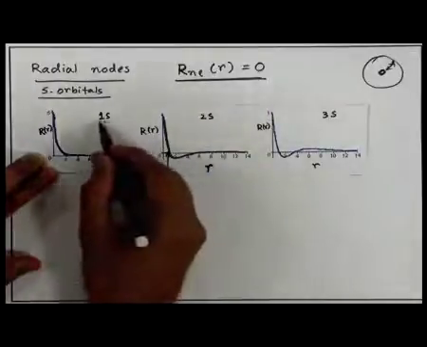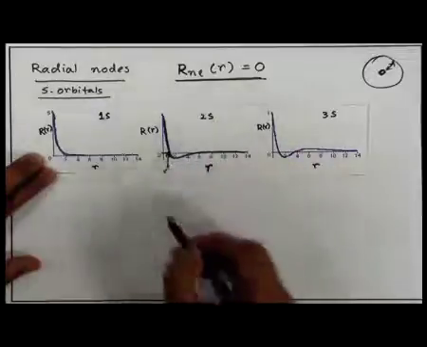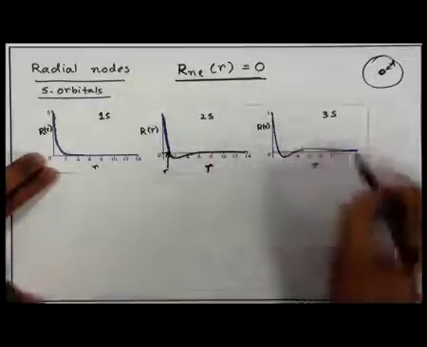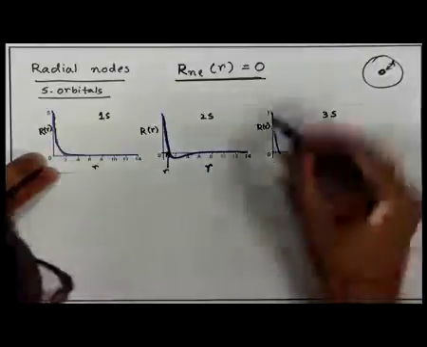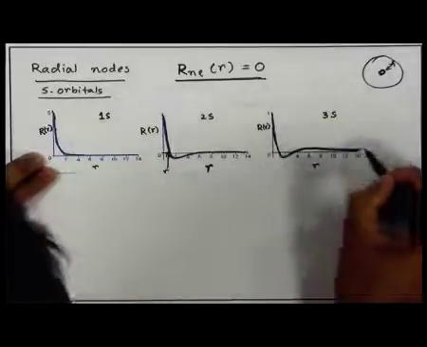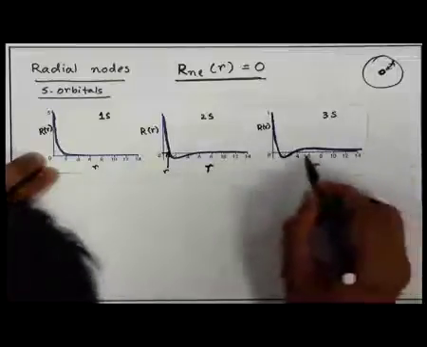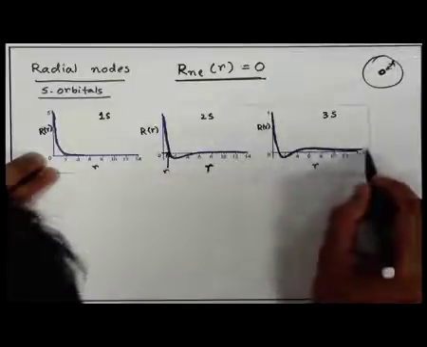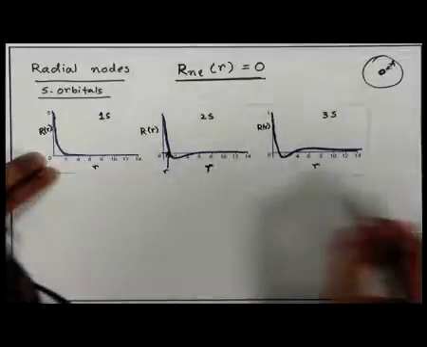So, we saw in the 1s orbital there was no such radial node. In the 2s orbital, we saw one radial node. When I look at the 3s orbital, this gives an interesting picture. Let me retrace this curve. When I am drawing this asymptotic region at very large values of r, I am not making it 0; they do not exactly become 0, they just tend to go to 0, very slowly decaying.